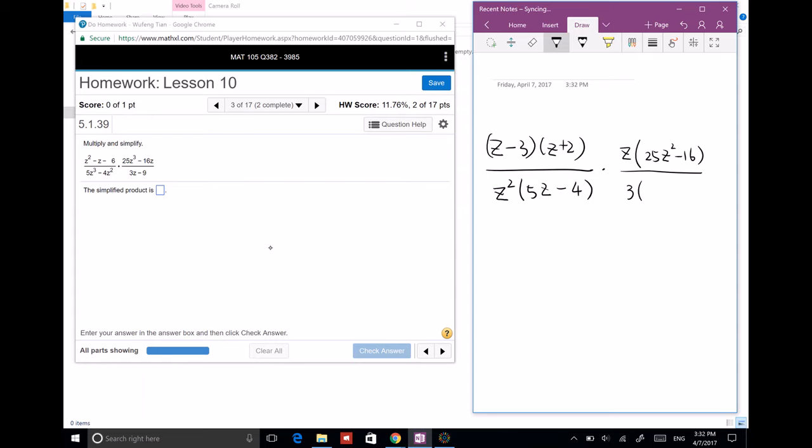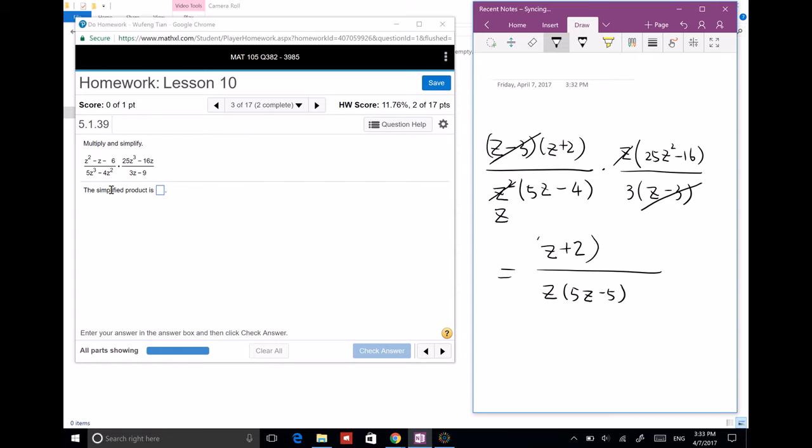And 3 is a common factor, z minus 3. We factor everything. So now we cancel the common factor. z minus 3 cancelled, and z and z squared cancelled. You have z remain. So you have z plus 2 and 5z minus 4.